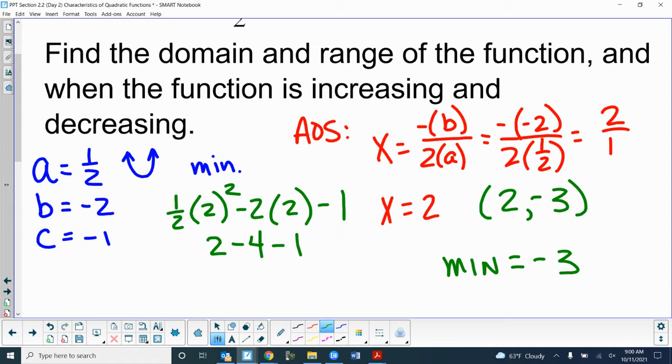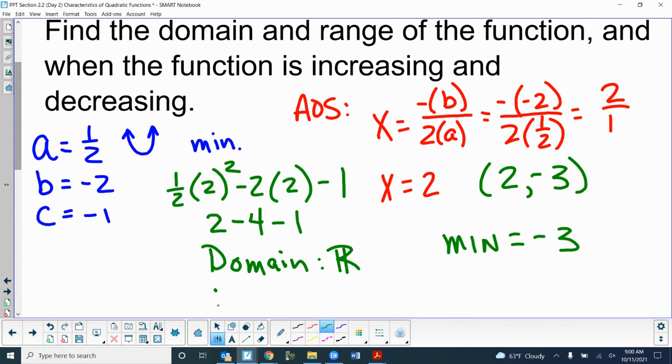Okay? What's our domain? Right. All the parabolas we've talked about have opened up or down. So when it's a parabola that opens up or down, the domain is always all real numbers. That's our fancy R for real numbers. Now range is which values? Domains are x values, ranges are y values, right?